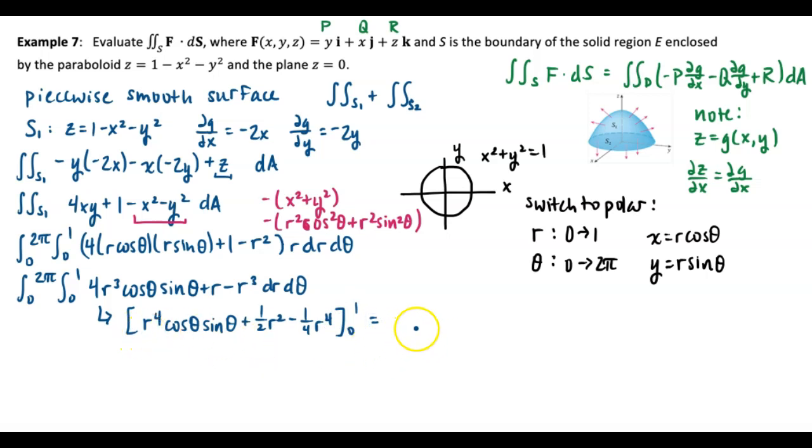This is going to give us 1 times cosine theta sine theta plus 1/2 times 1 minus 1/4. Okay, well now this is really the integral from 0 to 1 of cosine theta sine of theta plus 1/2 minus 1/4 is plus 1/4 d theta.